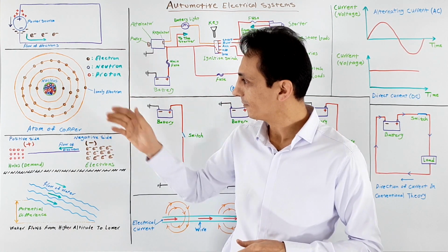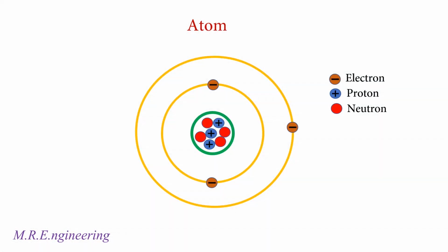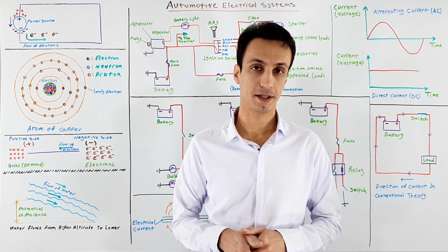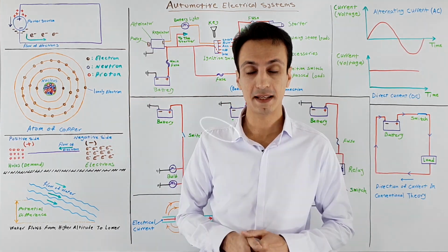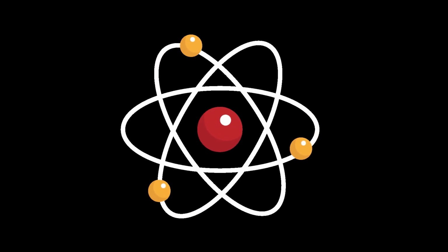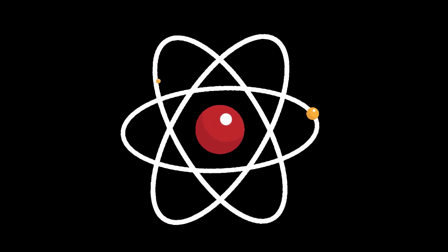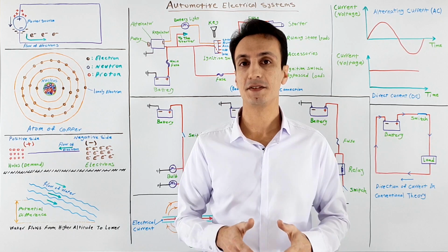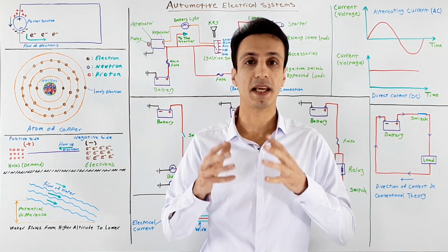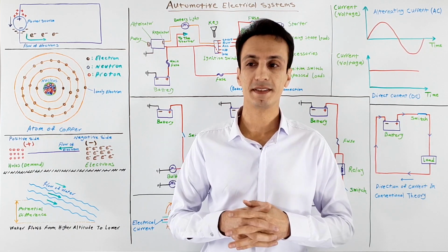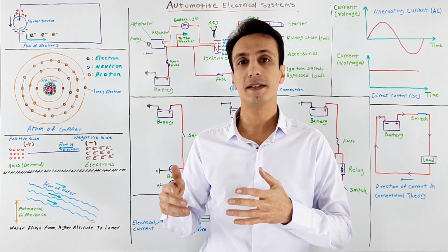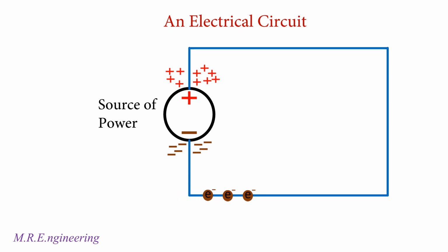An atom is defined as the smallest part of a chemical element that still has all the characteristics of that element. Each atom is constructed of electrons and a nucleus, and electrons with negative charge are fixed around the nucleus with positive charge, and these negative and positive charges attract each other so the atom can retain its balanced state. The critical point here is that electrical current happens when a source of power forces electrons to move in the circuit.